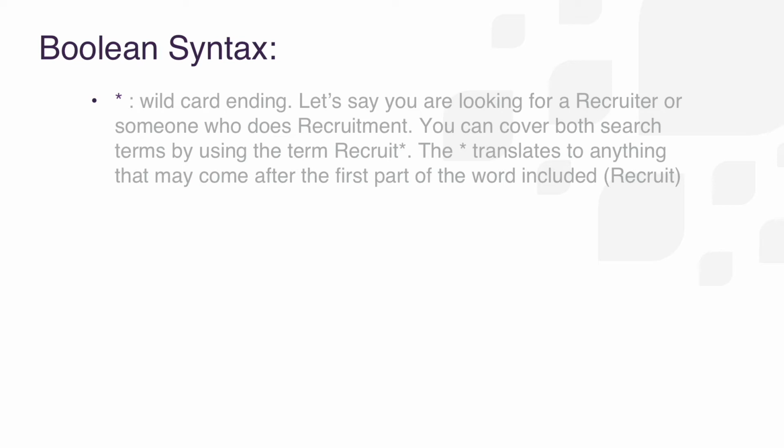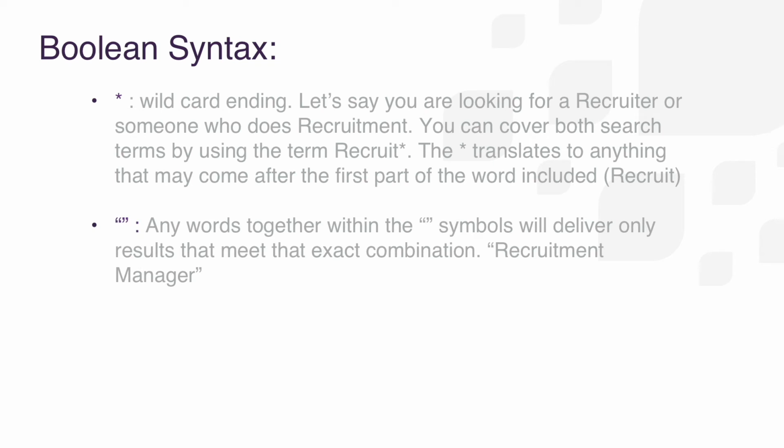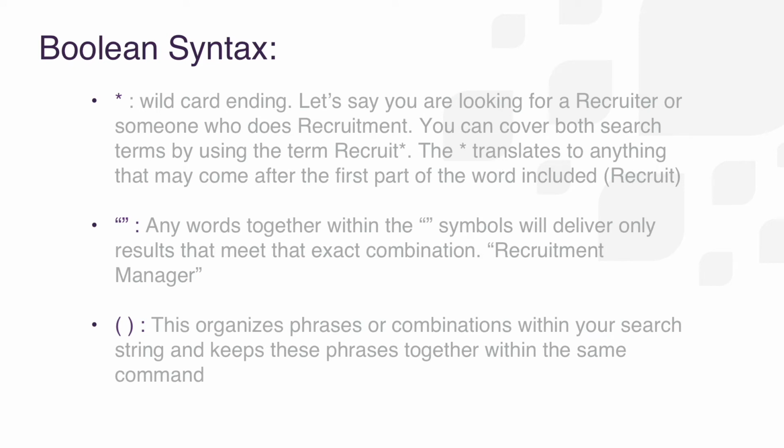The asterisk translates to anything that may come after the first part of the word that is included, such as recruit. Quotation marks: any words together within the quotation mark symbols will deliver only results that meet that exact combination, for example, "recruitment manager". And last, the parentheses. Parentheses organize phrases or combinations within your search string and keep these phrases together within the same search term.